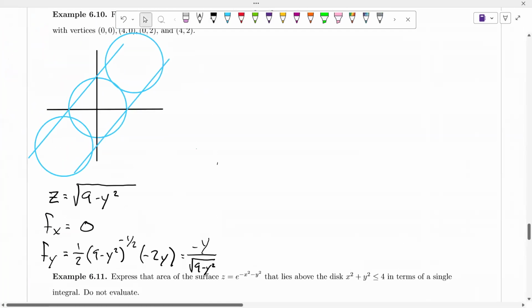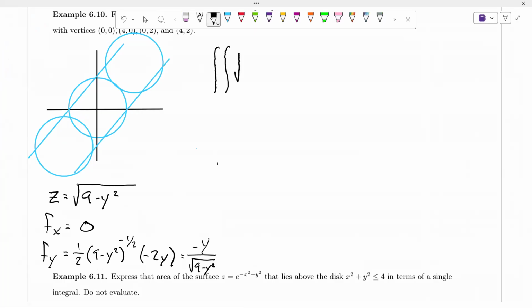Now to get a surface area, we need to plug some stuff in. So this is the square root of 0 squared plus, this will end up being y squared divided by 9 minus y squared. So I'll square that partial y element.